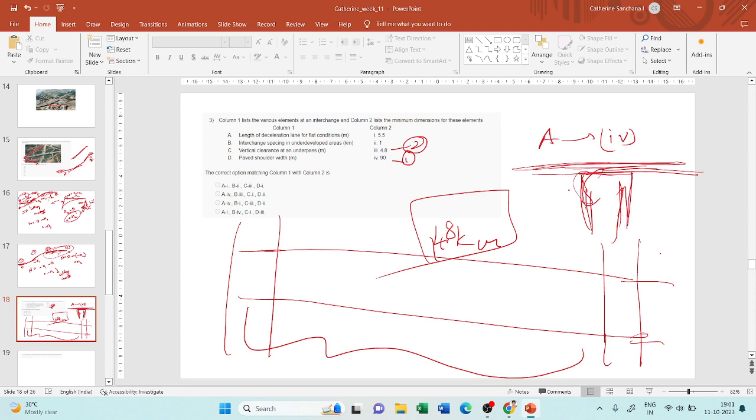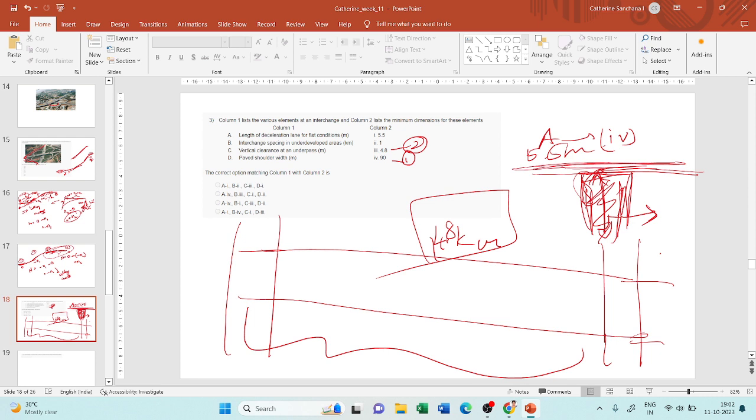Because it will have a headroom. This is the vertical clearance for this underpass, and it has to be at least 5.5 meters. It should be able to accommodate the height of the vehicles, right? So it has to be at least 5.5 meters.